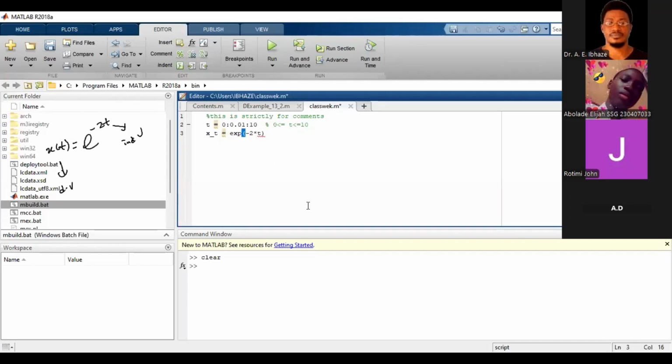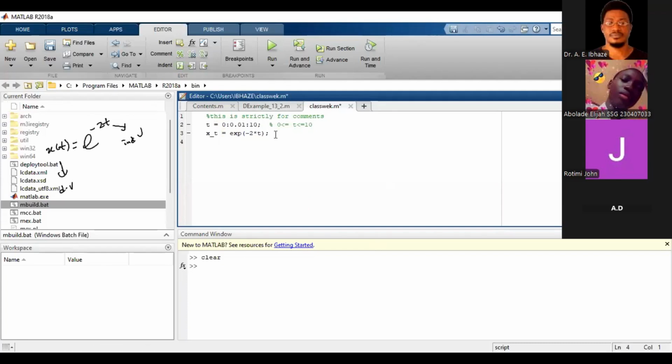Then we'll close that, and then we put up the delimiting parameter, the semicolon, to suppress the code. So when we run it, I don't want the code to be displayed. So I'm using the semicolon to suppress it. I just want it to run without displaying the output of the code here. Okay.